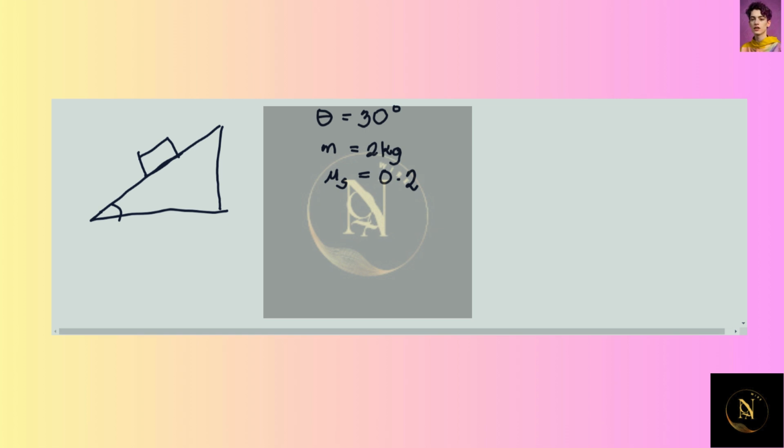So this problem asks for the magnitude of the force needed if the force that will be applied is horizontal. Now let's start drawing the free body diagram to visualize the forces acting on this system.